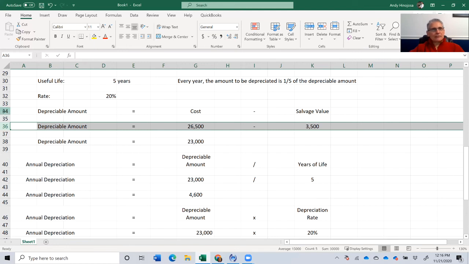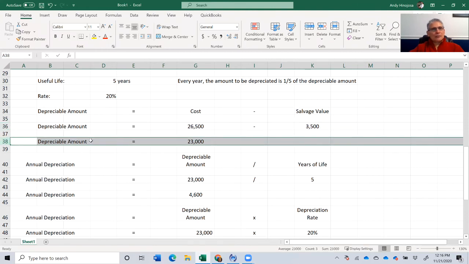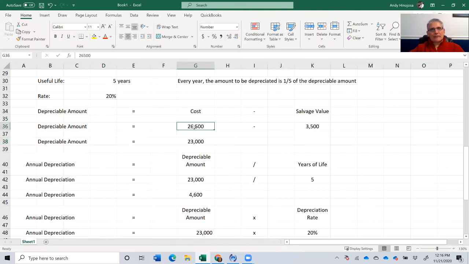So the depreciable amount is $23,000, $26,500 minus $3,500. Now we can compute the annual depreciation by taking the depreciable amount and dividing it by the years of life. In this case, it's 23,000 divided by 5, because its useful life is 5 years, which gives us an annual depreciation of $4,600. So what do we need the rate for?